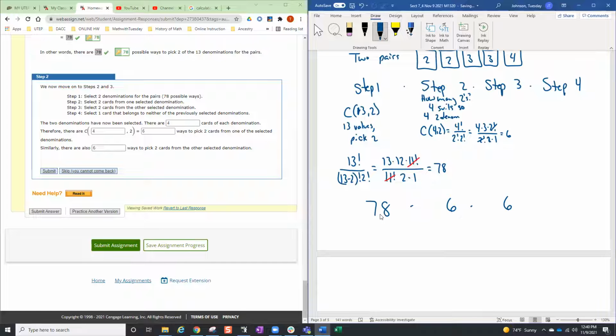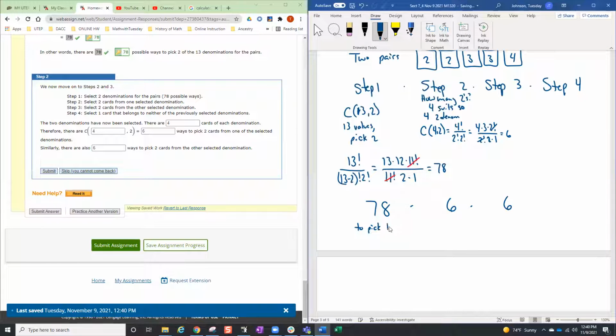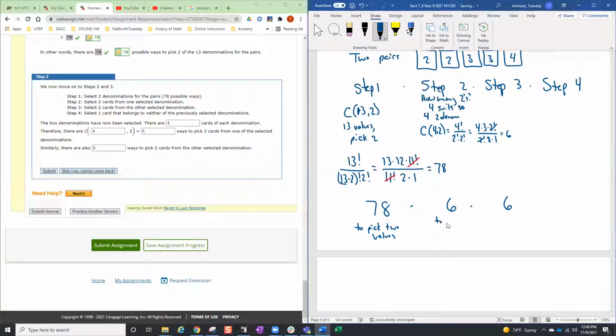So 78 ways to pick two values, 6 ways to pick 2 twos from the deck, and 6 ways to pick 2 threes from the deck.